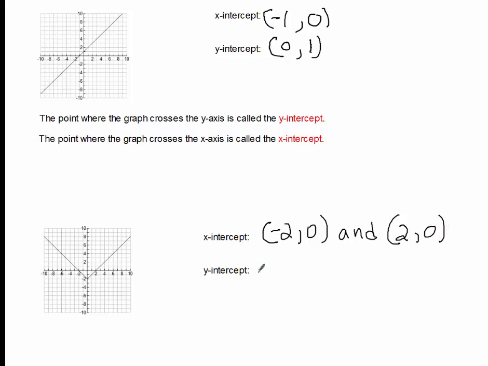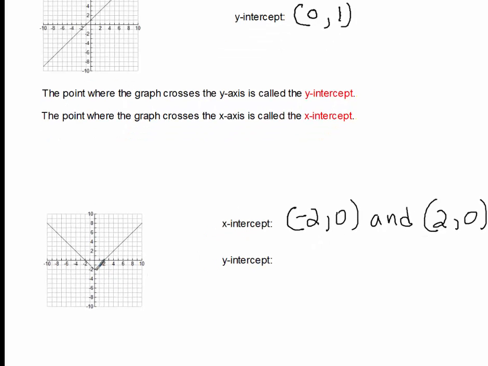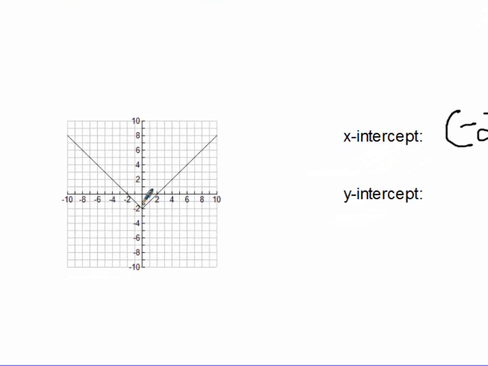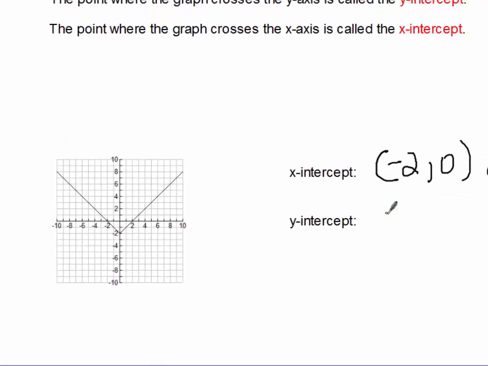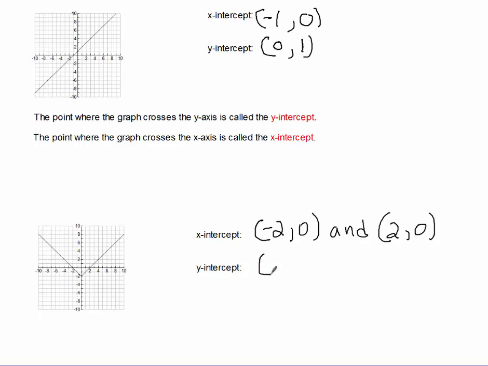So your graph can have multiple x-intercepts or y-intercepts. It just depends on what it looks like. And here this graph crosses the y-axis at 0, negative 2.